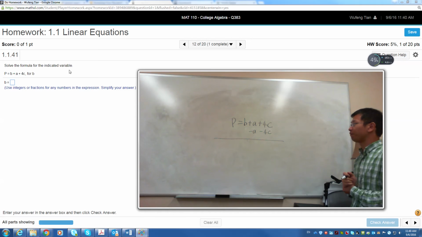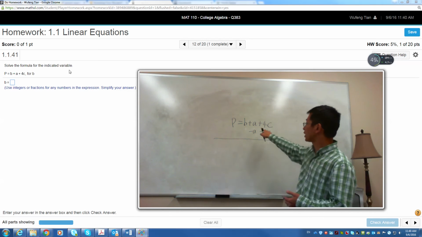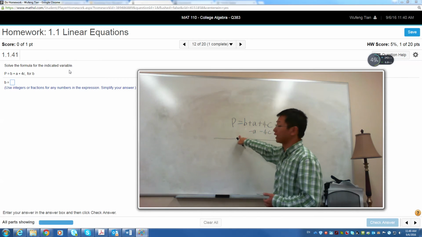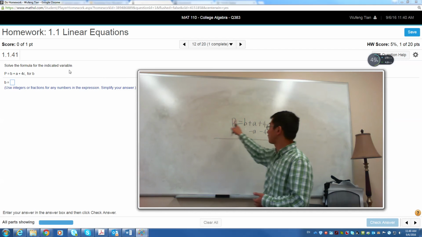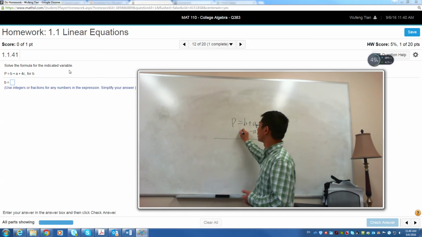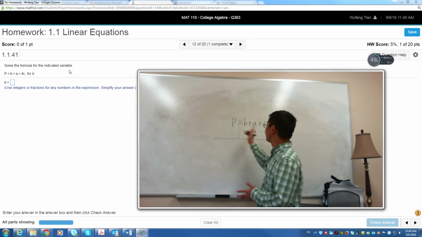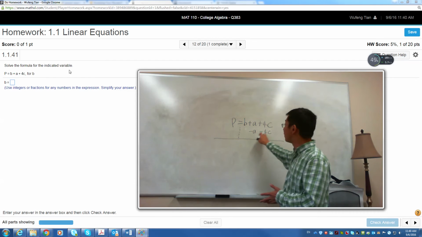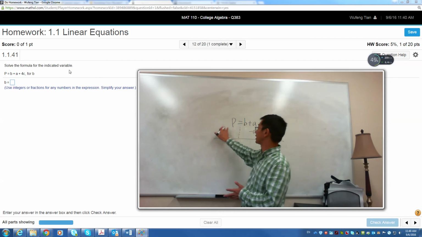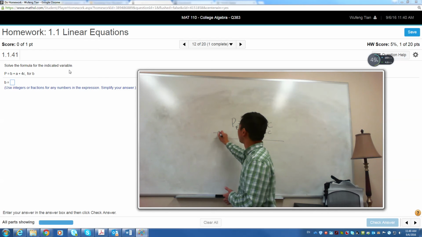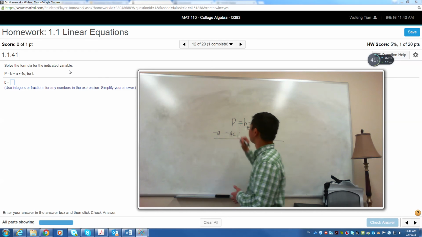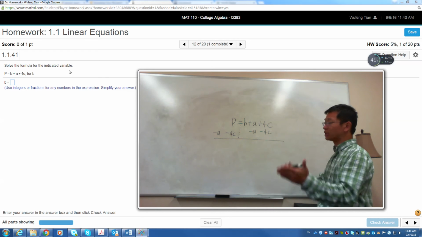Is that okay? No. Because if you subtract a on the right side of the equal sign, you have to do the same thing on the left side of the equal. This is the equality. This is your equal sign here. When you have an equation, if you do negative a here, minus 4c here, you have to do the same thing on the left side. So I need to subtract a here, subtract 4c here. There's no a or c on the left side.